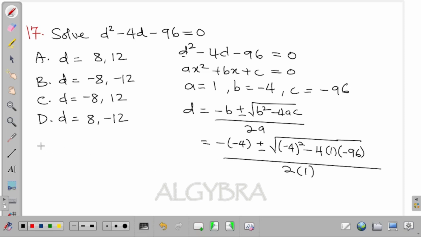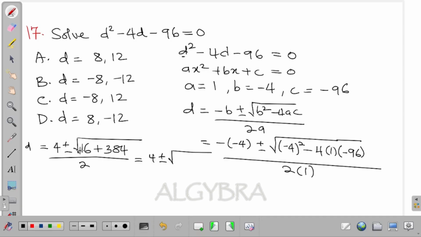Now minus times minus is plus, so d is equal to 4 plus or minus the square root of negative 4 squared, which is 16, and negative times negative is plus, so 4 times 1 times 96 is 384, all divided by 2 times 1, which is 2. So this is 4 plus or minus the square root of 16 plus 384, which is 400, all divided by 2.